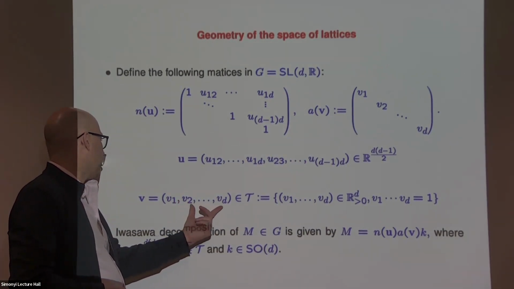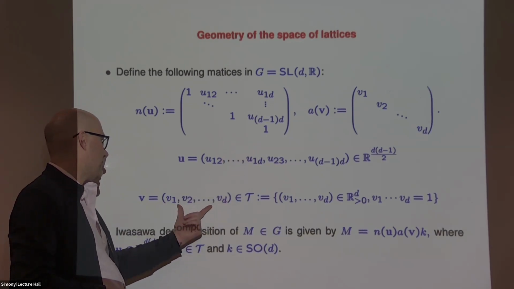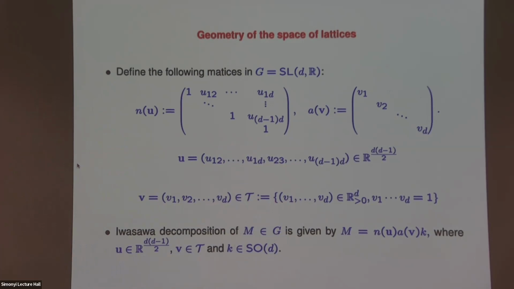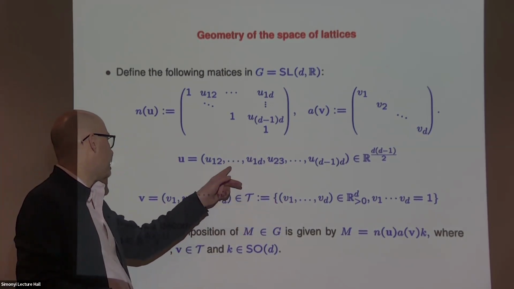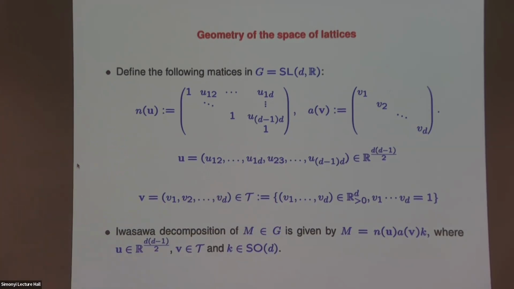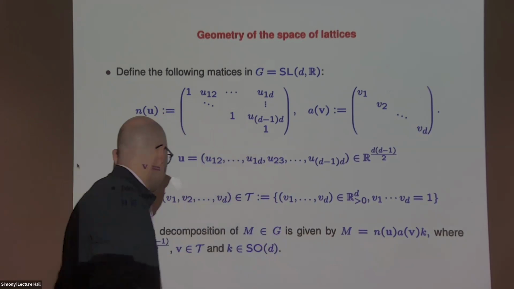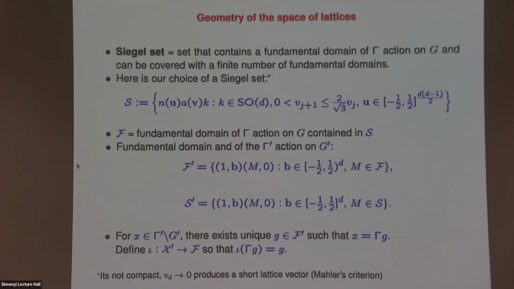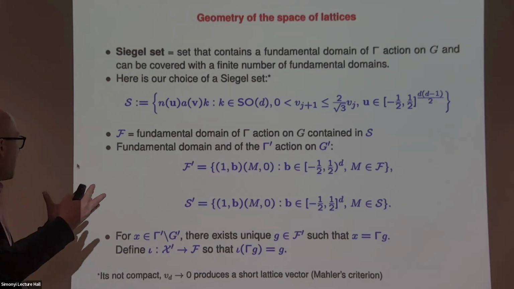Here, the important thing is that we have determinant 1. We'll denote the corresponding space of these diagonal matrices by T. That's what I've written here. That's our Iwasawa decomposition.